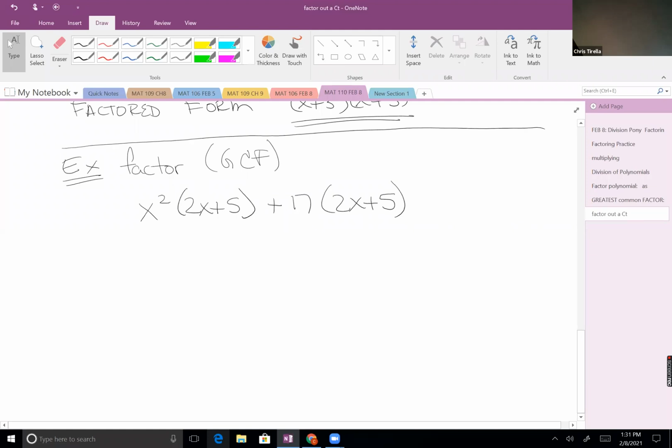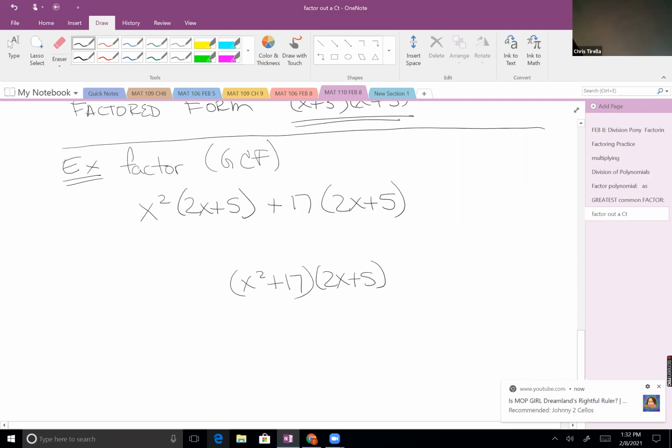What do they have in common? 2x plus 5. Beautiful. Is it obvious if I divided out the 2x plus 5, what I'd be left with is x squared plus 17? Yep. And so this would be my factored form.